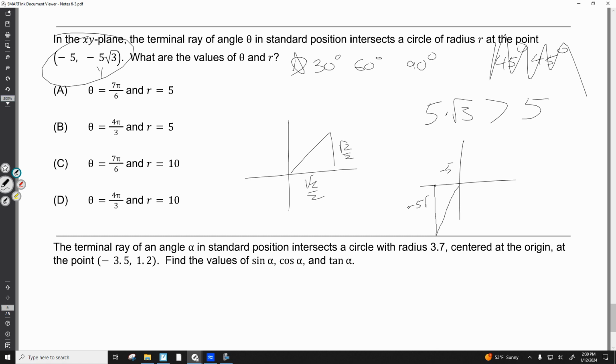And then, guys, think about your representative 30, 60, 90 triangle. What's your multiplier to take a half and make it -5? What's the multiplier that takes -root 3 over 2 and makes it -5 root 3? It's 10. That's why it's C.